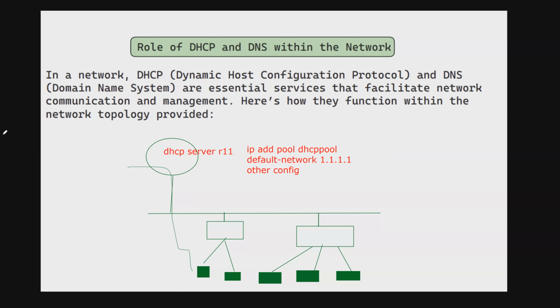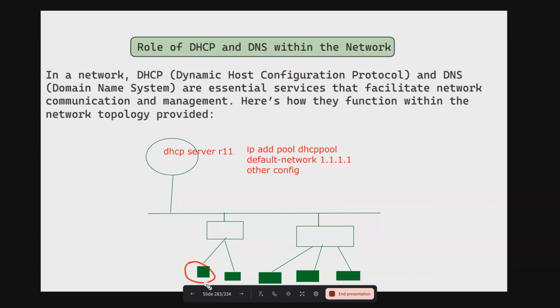Then the clients will get the IP addresses, but over these interfaces you have to configure IP DHCP client, if it is a router. In a Windows system, you have to go to the NIC card and enable the option like IP DHCP.